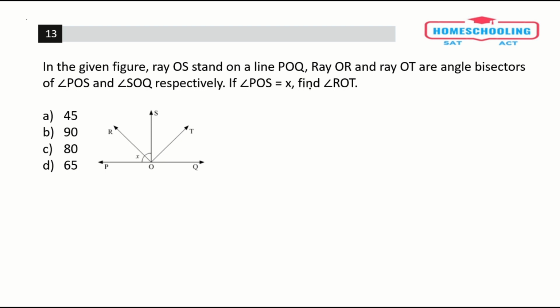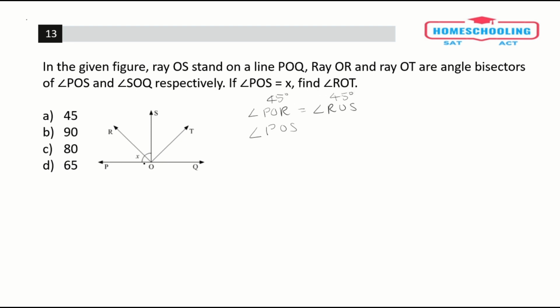First we approach it like this: angle POR is equal to angle ROS, because RO is the angle bisector, so both the angles would be 45 degrees here, and angle ROS is also 45 degrees.